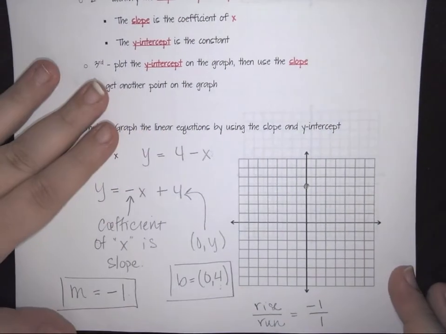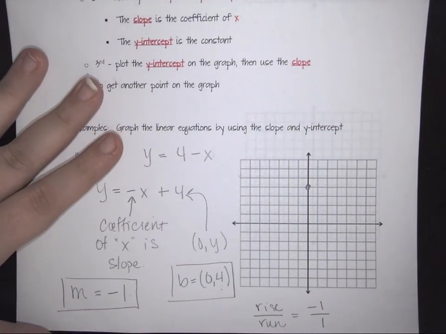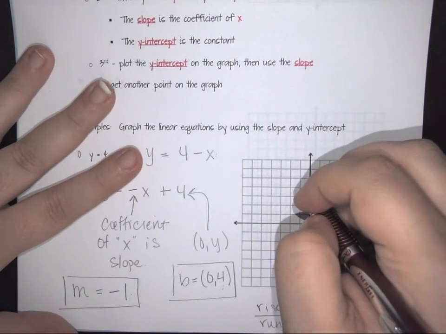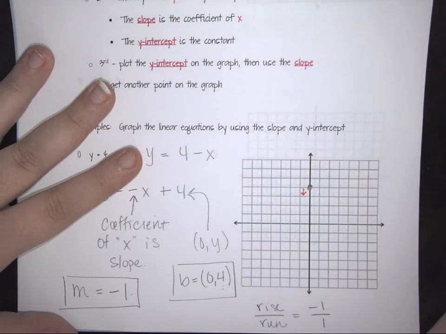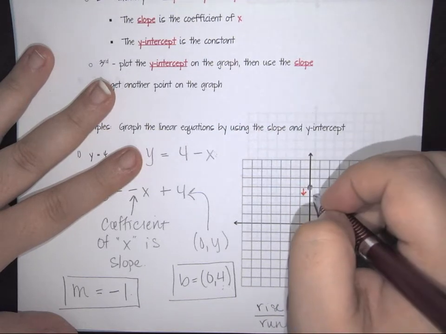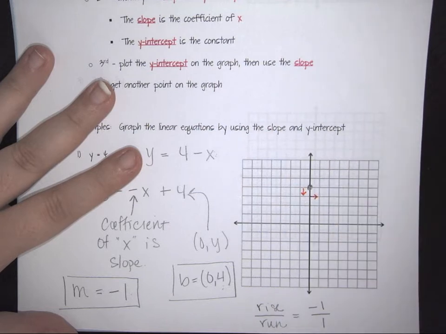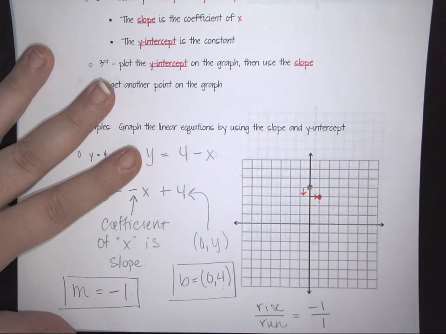So in other words, we're going to start from this point, which we have right here, and we're going to go down one value, and then we're going to go over in the positive direction one value, and this gives us our new point.